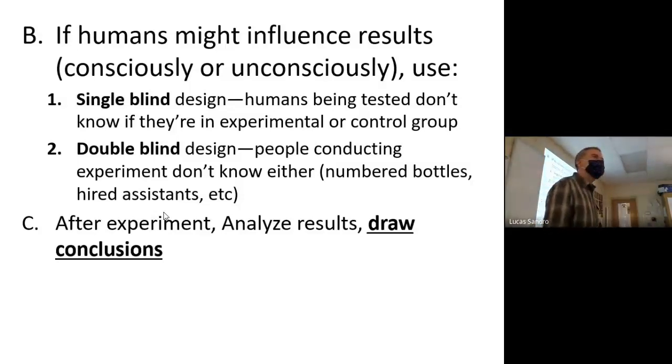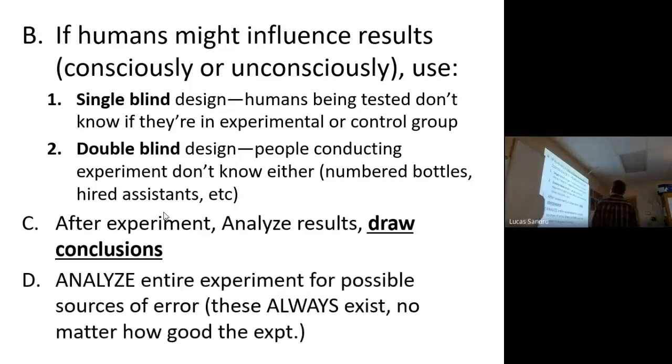How strong or weak someone's immune system is. Sure, there might be differences in their immunity. I mean, people are different genetically. I don't have the budget to try and genetically test everybody and make sure they have all the same markers. Can't do it. So analyzing those errors is an essential step. It's not that you're trying to say that you didn't have any. They're always there. What you want to do is call them out.